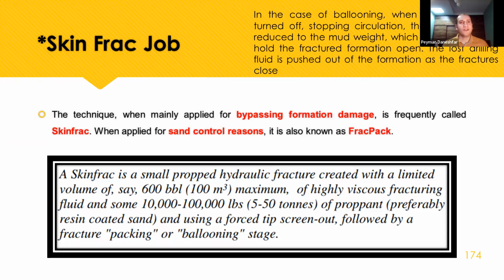And what is the ballooning stage? In the ballooning stage, when pumps are turned off, stopping circulation, the fluid density is reduced, and the width is not enough to hold the fracture open. The last circulation fluid is pushed out of the formation as the fracture closes.